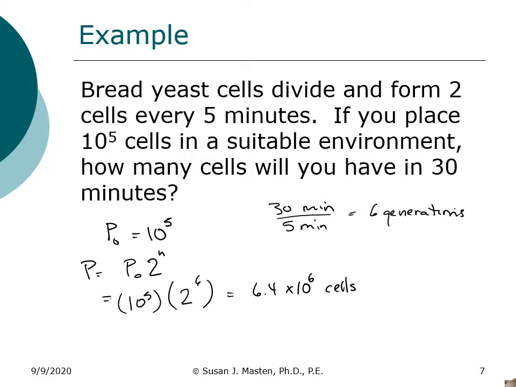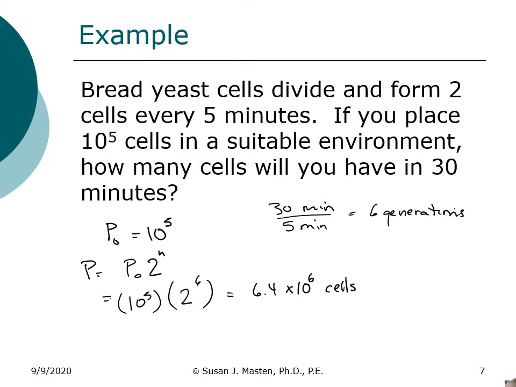So in this case, we have bread yeast, and that bread yeast cells form 2 cells every 5 minutes. So it's dividing every 5 minutes. If we place 10 to the 5 cells in a suitable environment, how many cells do we have in 30 minutes?